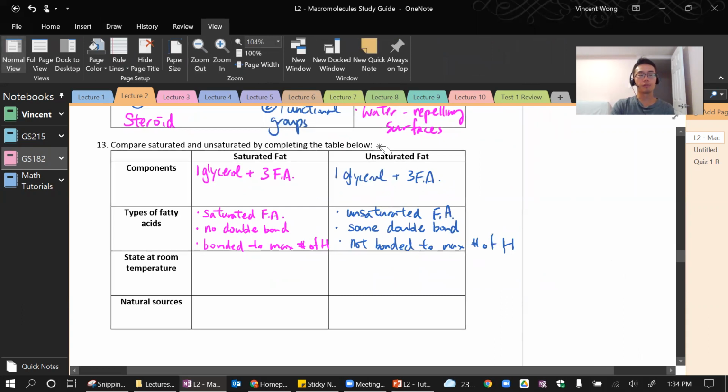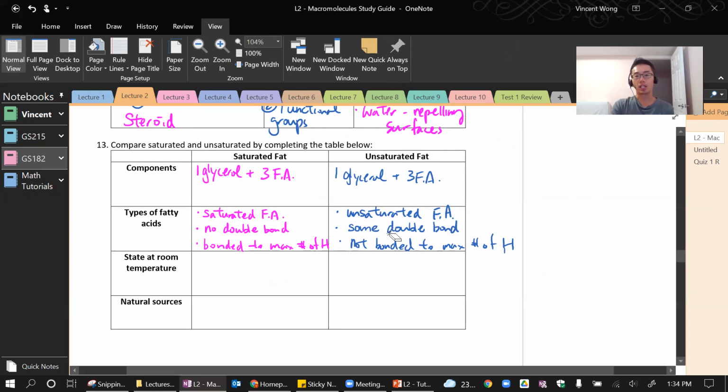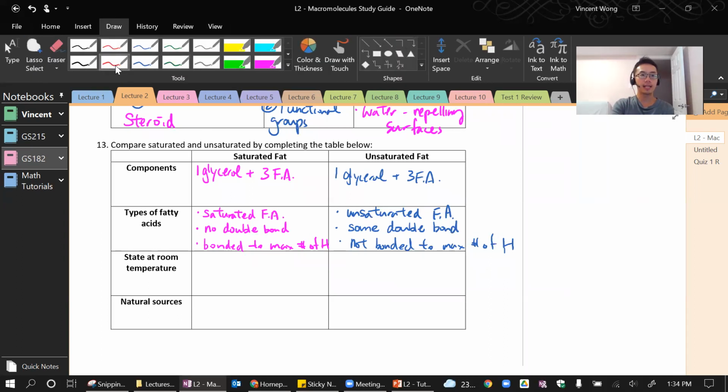So it's possible for us to add more hydrogens to the unsaturated fat, and that's a process called hydrogenation. That's how they make margarine, for example, so that you can change it into a semi-solid so you can spread it on your toast. That's hydrogenation.